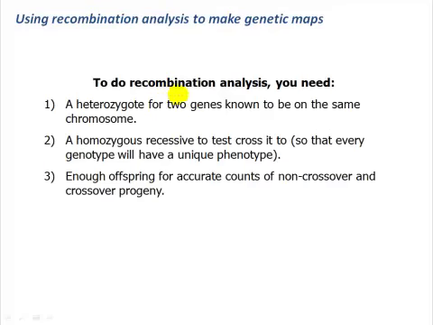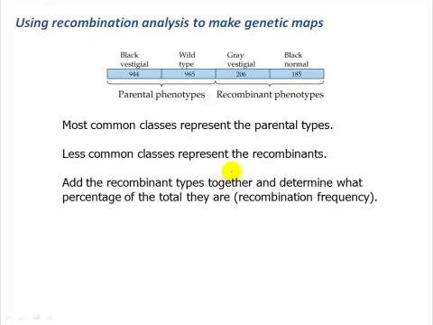Well, you need your heterozygous individual that is heterozygous for two genes on the same chromosome, or that you are hypothesizing are on the same chromosome. And you need to cross that individual, do a test cross, a test mapping cross to a homozygous recessive, right? And then obviously we need to have enough offspring for accurate counts of recombination versus non-recombination progeny, right?